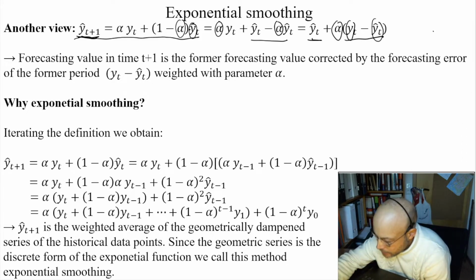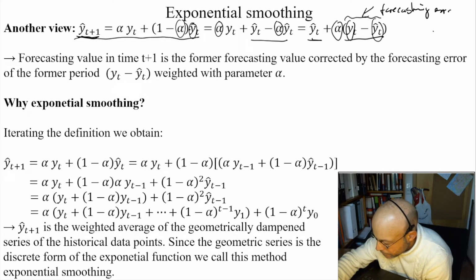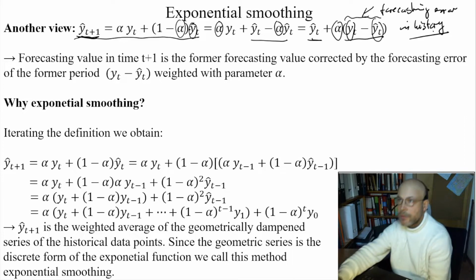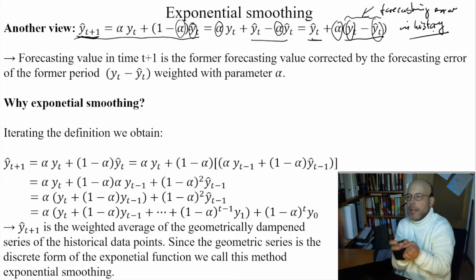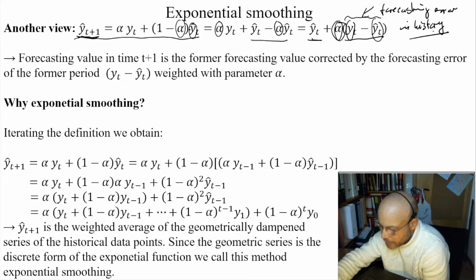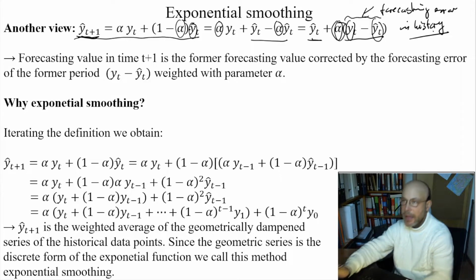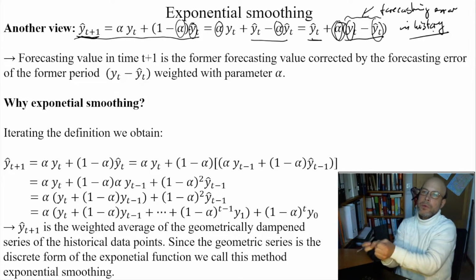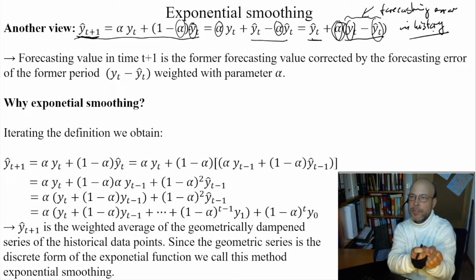And this is then our forecasting error in history. So we ask ourselves, how bad or good were we in history, weighting this with our weighting parameter alpha, and this error we use for the prognosis for the next period.